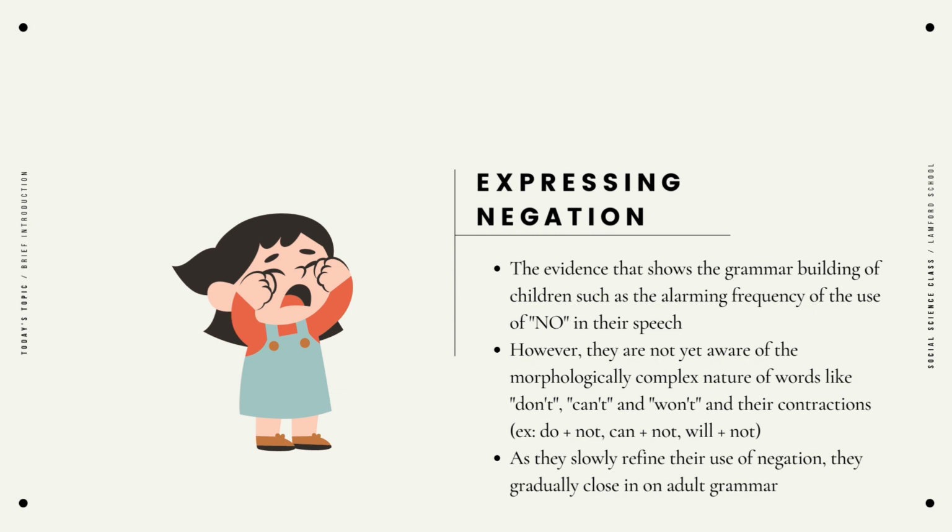So, while they learn how to use these, they do not fully understand yet that these words, for example, don't is actually a combination of do not, can't, cannot, and won't, will not. But as they slowly refine their use of negation, they gradually learn how to become closer when it comes to learning adult grammar.